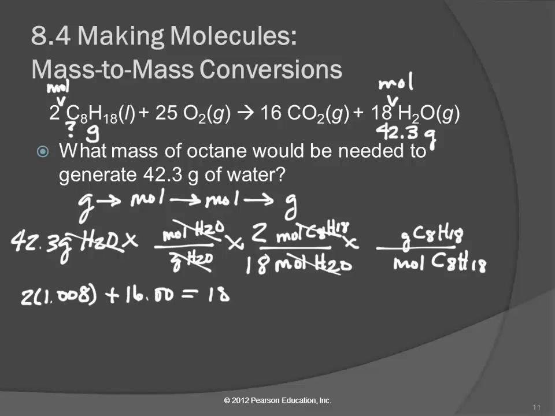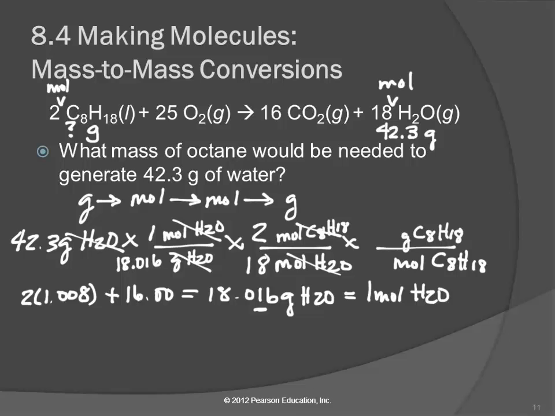So that comes out to 18.016 grams of water equals 1 mole of water. So in my equation here, I've got 1 mole of H2O is equal to 18.016 grams of water. Now technically that just has the 4 significant figures, but it's good to carry extras.